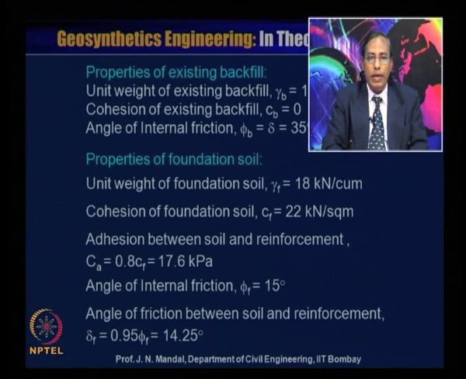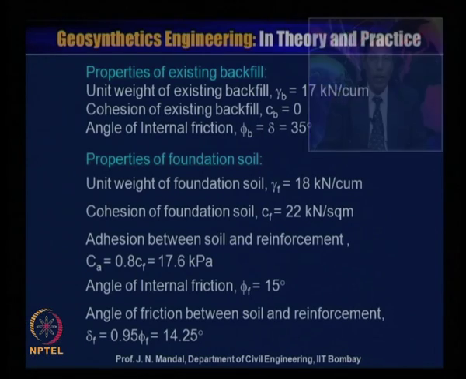Adhesion between soil and the reinforcement Ca is 0.8 into Cf. You know what is the Cf, and then you can calculate Ca is about 17.6 kilopascal. Angle of internal friction phi f is equal to 15 degree. Angle of friction between soil and reinforcement delta f is 0.95 of phi f, that is 14.25 degree.